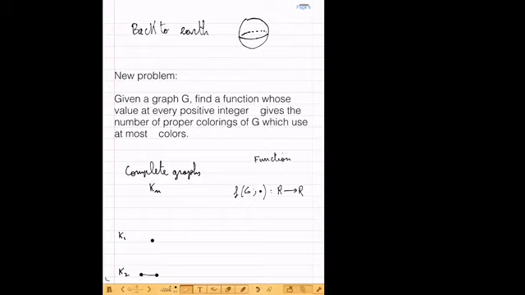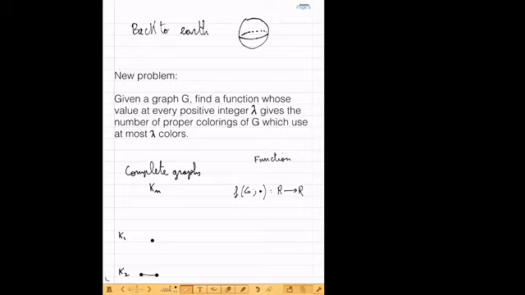So you want to count how many different proper colorings a graph has by using at most lambda colors. This is a counting problem, and we want to find this function, and this function is the title of this presentation.